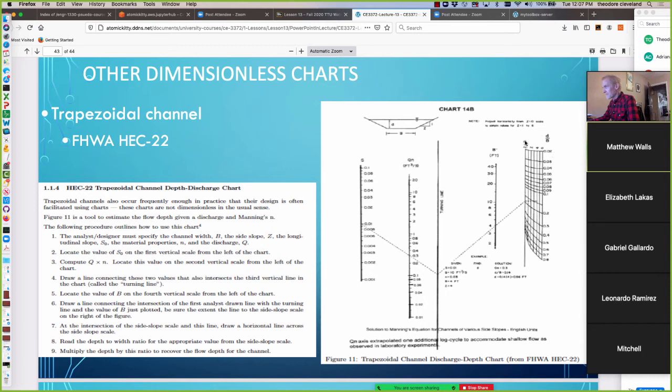So side slope 0, 2, 4, 8, and so on. And then once we've hit the edge of this, we move horizontally to our side slope of interest, and that returns in these curves the d over b value. And then we multiply that by the known bottom width, and it will tell us what the flow depth has to be.